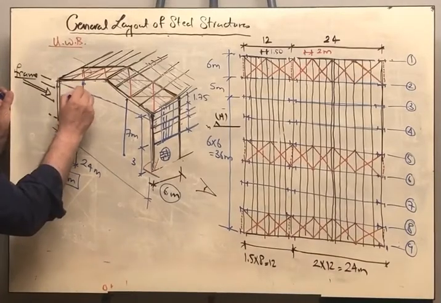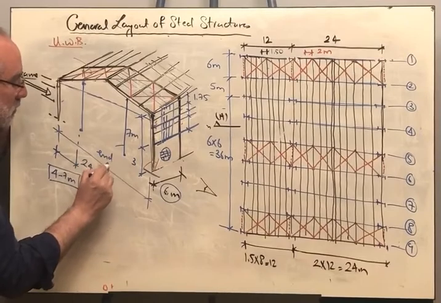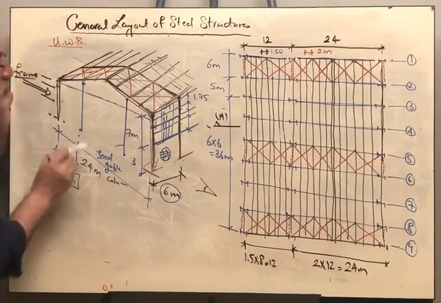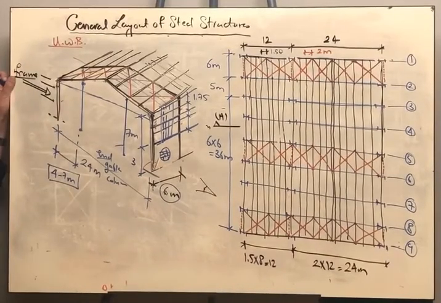I'm going to locate these columns. These are called end gable columns. Why do we use the end gable columns? To break the span of the side purlin that will cover the facade.